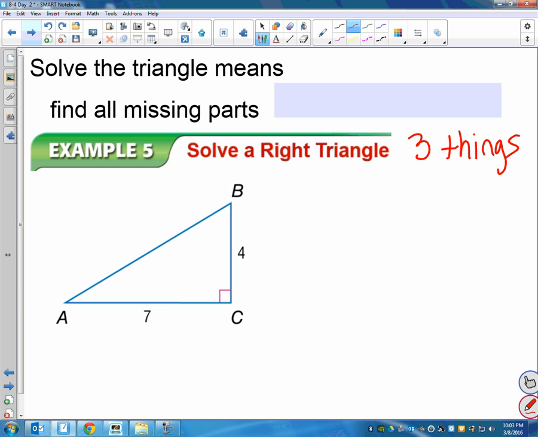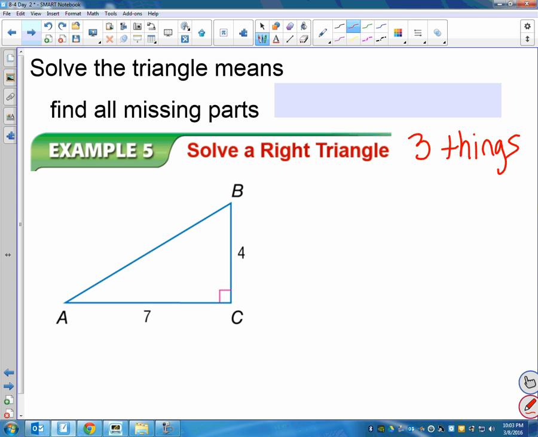How many total parts are there in a triangle? 6, right? There's 3 sides and 3 angles. In these problems, they're always going to give you 3 things. They're going to either give you 2 sides and 1 angle, or 1 side and 2 angles. And depending on what they give you, that changes how you have to set up the problem.